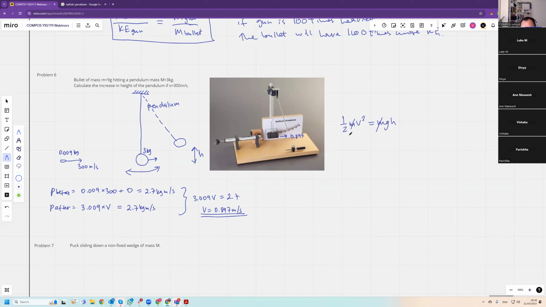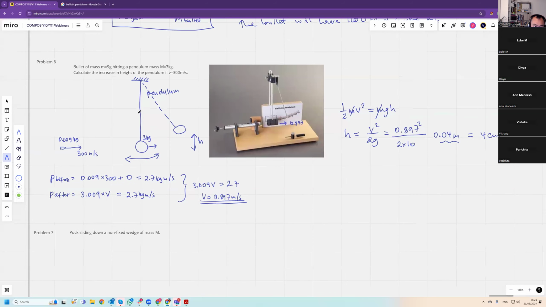Mass cancels, and you have h is equal to v squared divided by 2g, and that's 0.897 squared divided by 2 times 10. And this is 0.04 meters, which is 4 centimeters. So it will rise by 4 centimeters.